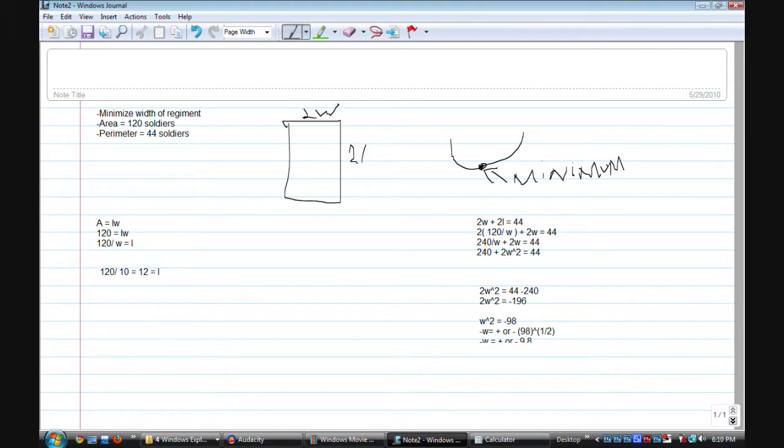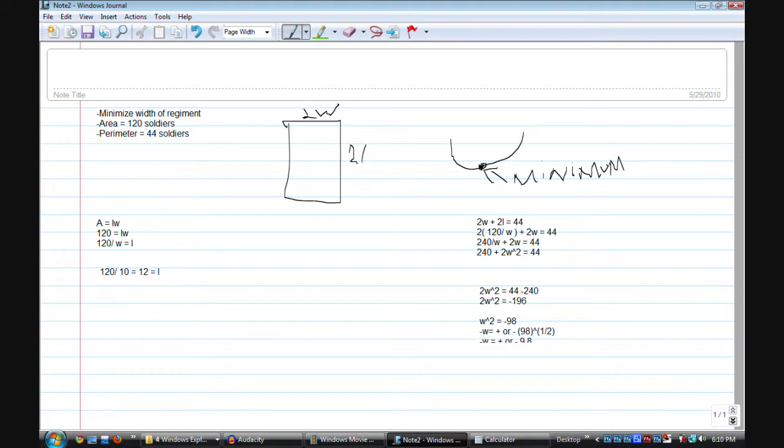And since I didn't want any variables in the denominator, I multiplied by W on the left of the equal sign, and so I ended up with 240 plus 2W squared is equal to 44W.